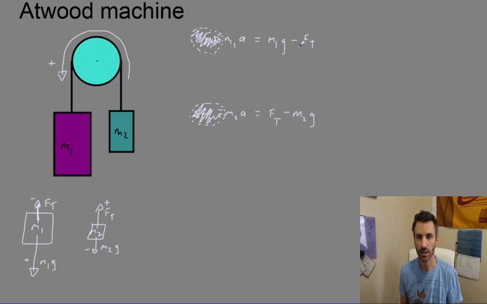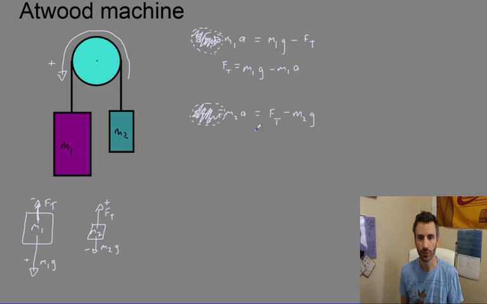So I'm going to add each side by the force of tension, and I'm going to subtract each side by m1a. So that means that the force of tension is equal to m1g minus m1a. Okay, so that's for the top one. Added each side by force of tension, subtract each side by m1a.